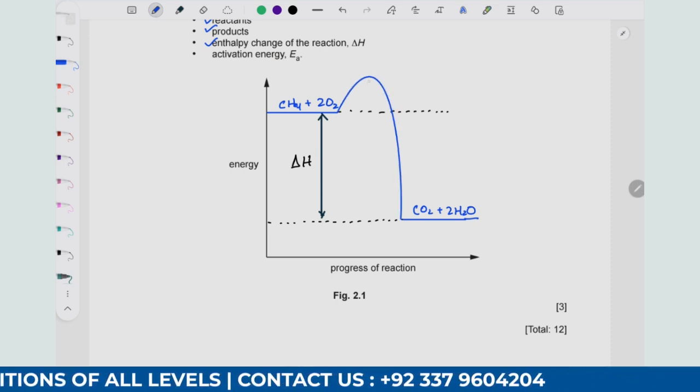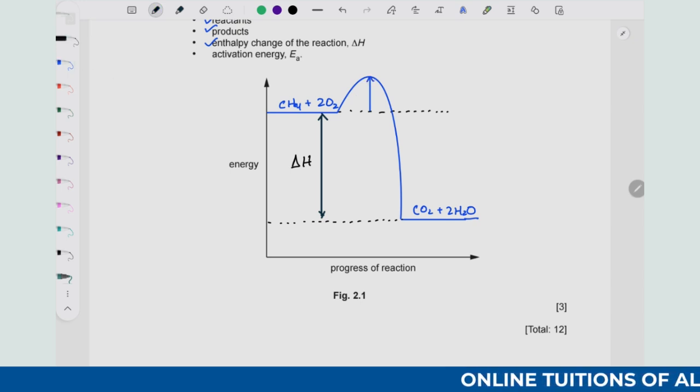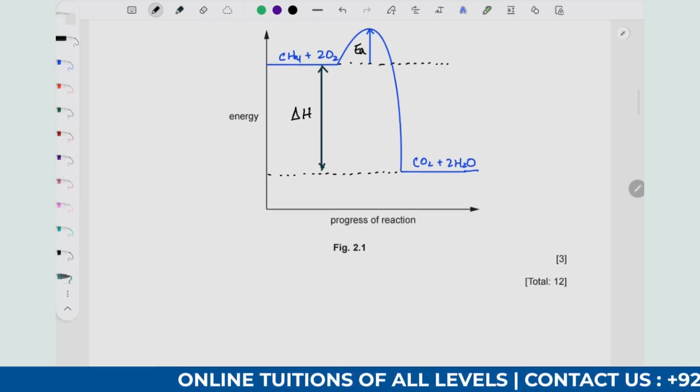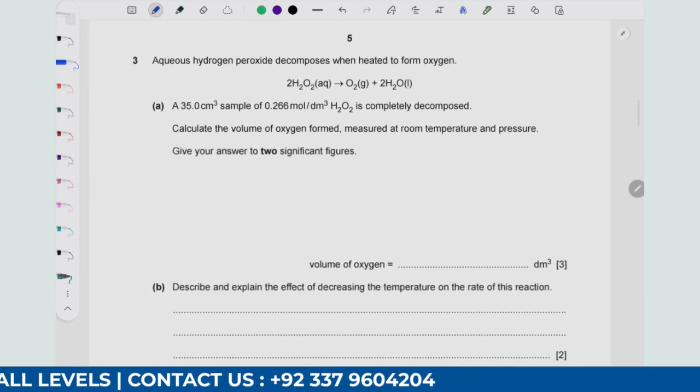This will be our activation energy, and we will label it EA. Got it? So we have done all of the parts. Moving towards the next question.